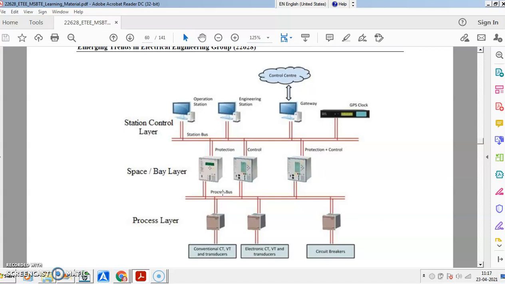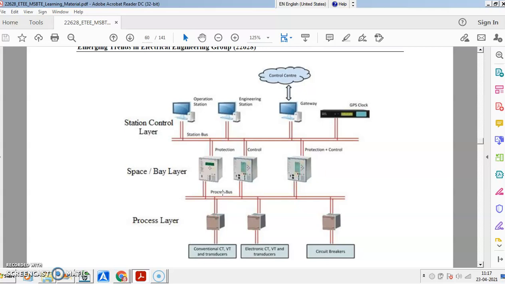All these are divided into three layers: station control layer, bay layer, and process layer. These are all smart controlling devices classified or divided into three layers. That is what I told you. Okay. The station control layer is the outer layer.